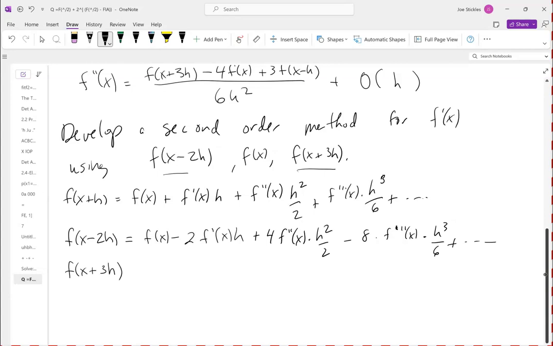It'll alternate in sign because of the minus sign. The powers of 2 come from the fact that we're putting a 2 in with the h. We're going to do each of those powers. Likewise, when we put in x plus 3h, the signs will alternate, but what will come out in front? Powers of 3. Good.